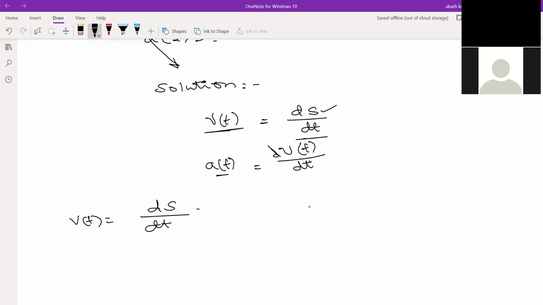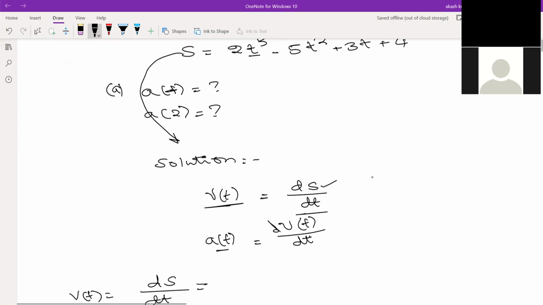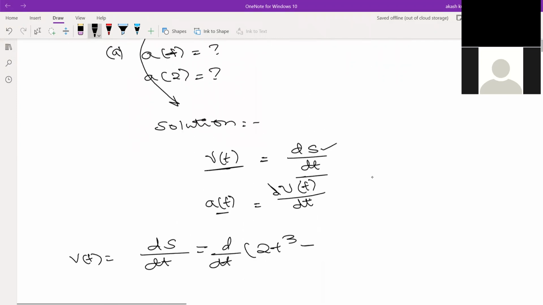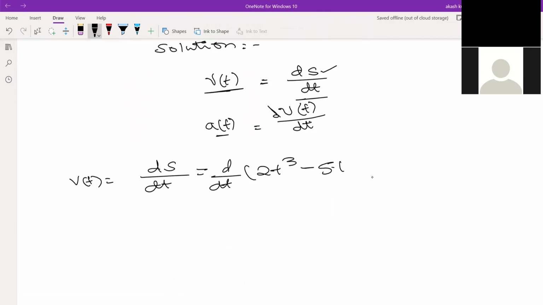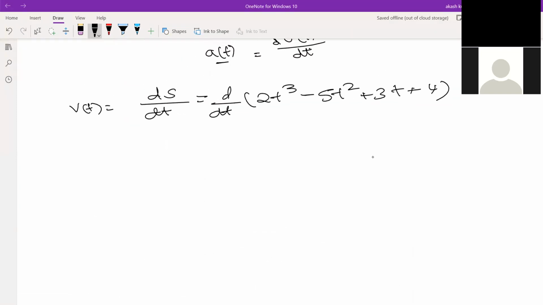So let's quickly differentiate it to get the velocity. If we differentiate 2t cubed, the same rules that we studied yesterday will be used.